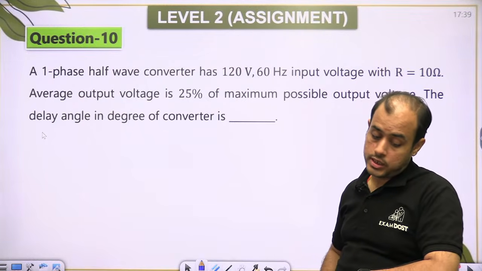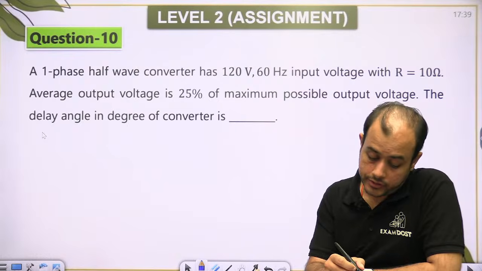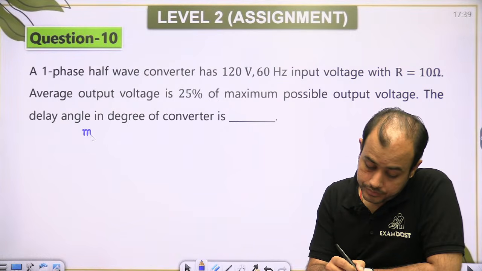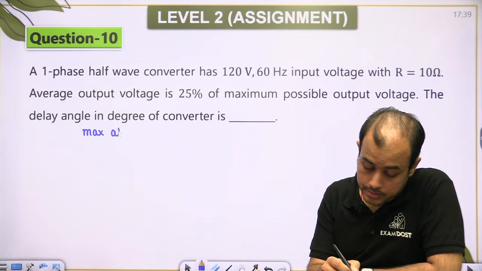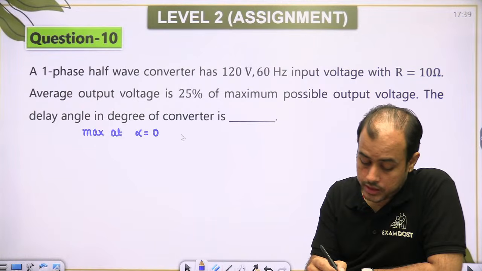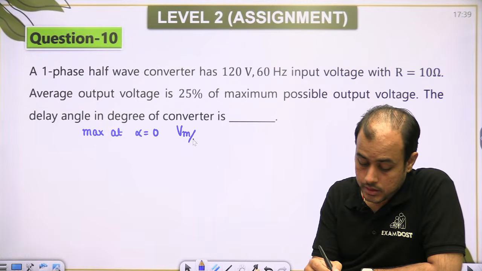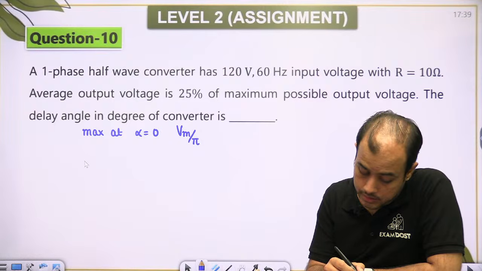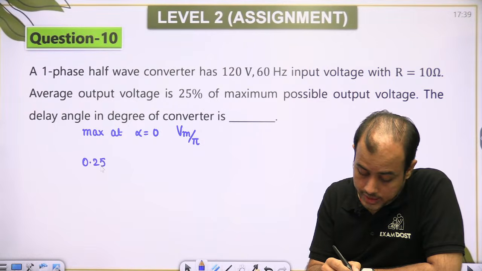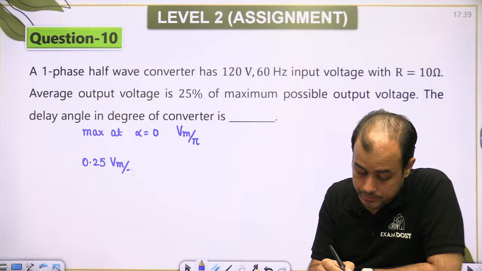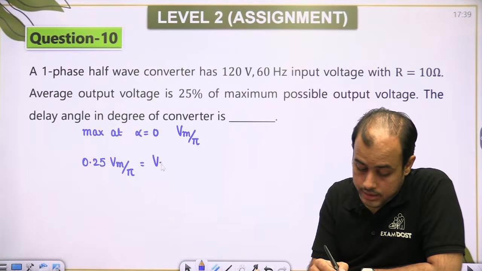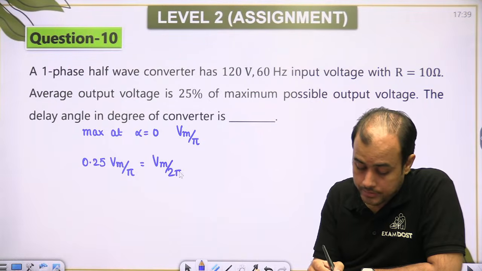Average output voltage is 25% of the maximum. Maximum occurs at alpha equal to 0. So 0.25 of maximum is the average output voltage for R load.